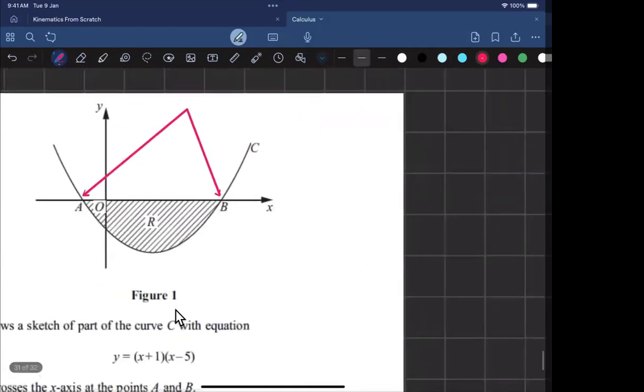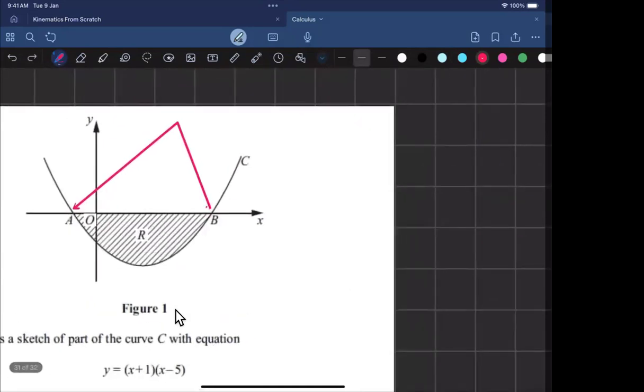The x-intercepts. Right, because we cut the x-axis. We also call it the what? Like when we do quadratics, when we cut the x-axis, we don't typically call it the x-intercept. We call it the, starts with r.